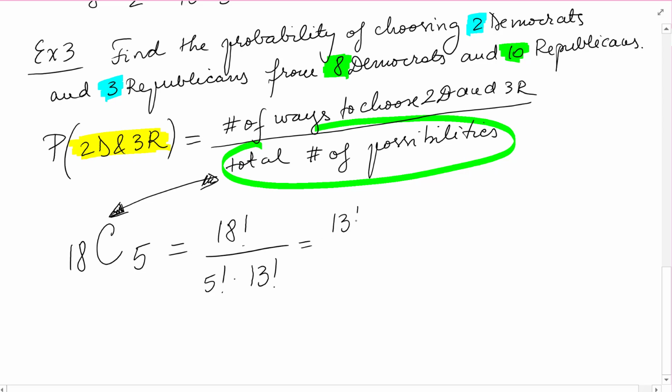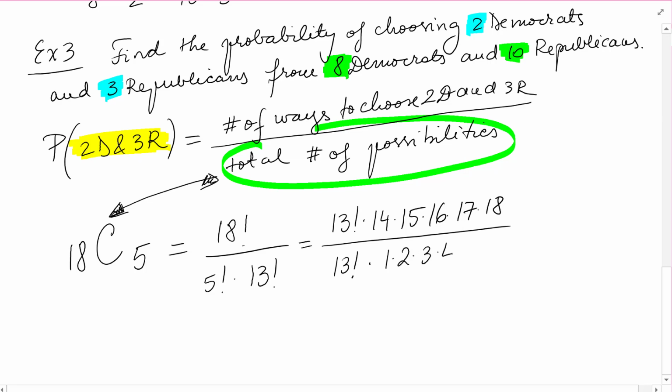We write 18 factorial in terms of 13 factorial: 13 times 14 times 15 times 16 times 17 times 18 over 13 factorial, and 5 factorial is 1 times 2 times 3 times 4 times 5. We can simplify: 3 times 5 is 15, which cancels with that. 2 times 4 is 8, which cancels with this, and we get 2.